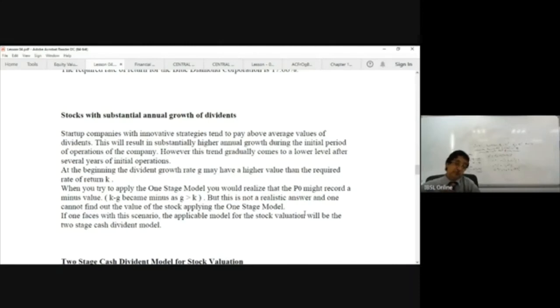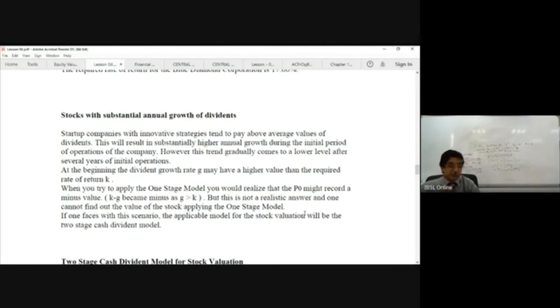Therefore, we need to follow another way of arriving at the stock value of that company. That methodology is known as the two-stage cash dividend model.